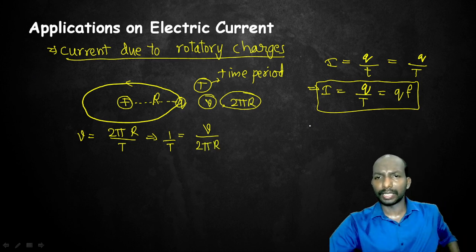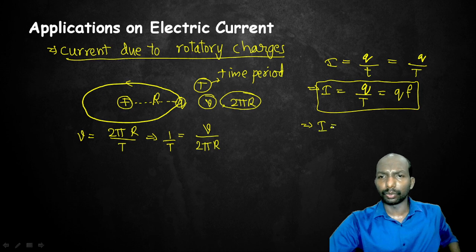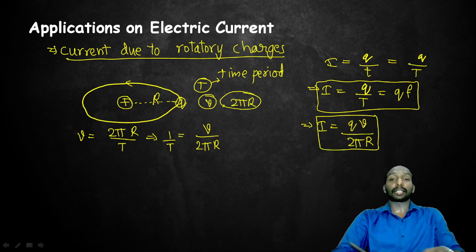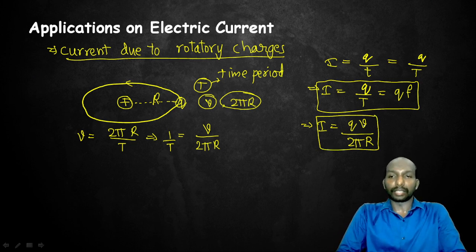Now replace here, I equals Q by T, which means Q V by 2 pi r. So this is the electric current due to moving charges.